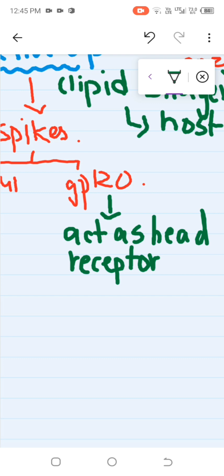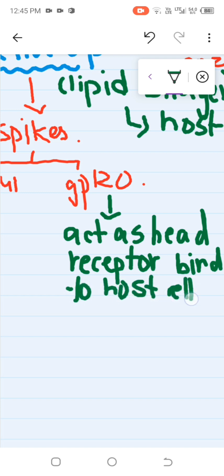When it binds to the host cell, GP120 is also known as the docking protein. Remember that this is a question which can be asked.